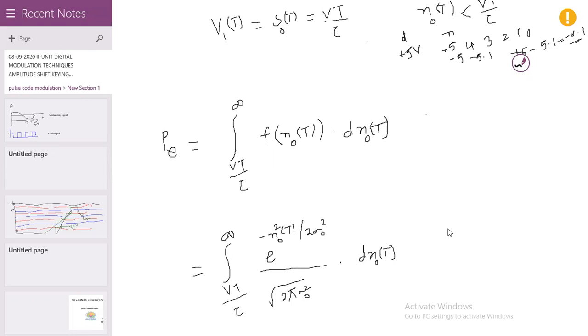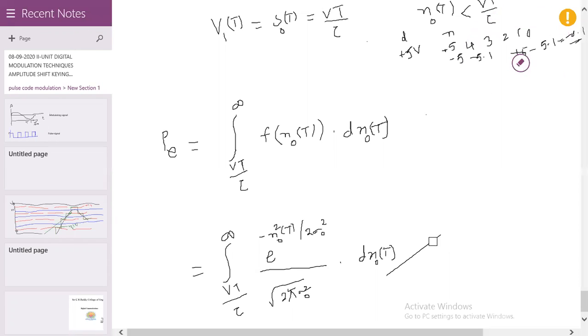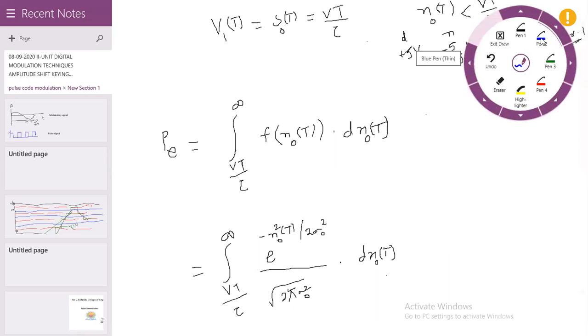Then here we can take an approximation. Let us assume x is equal to n naught of t divided by root 2 sigma naught.